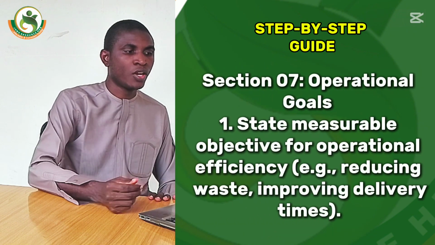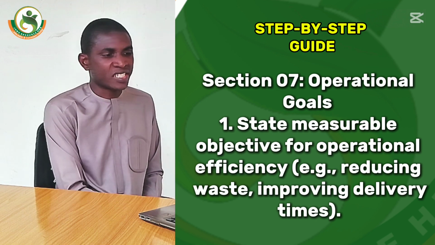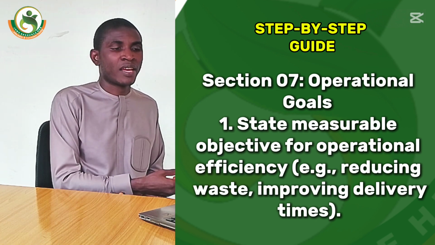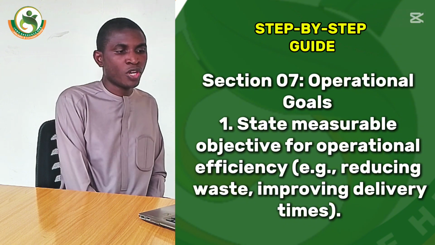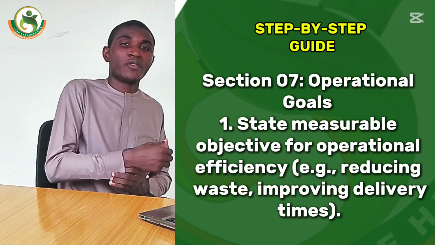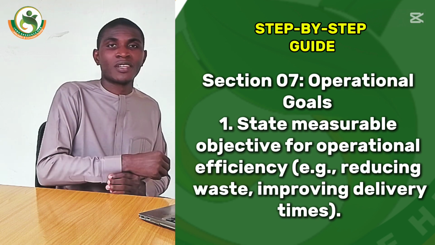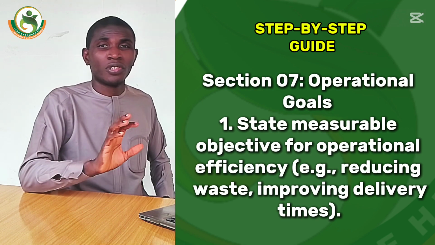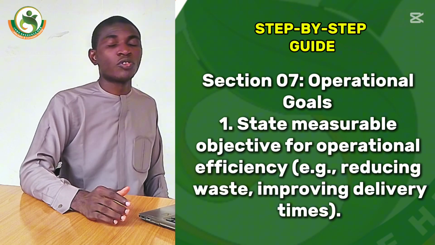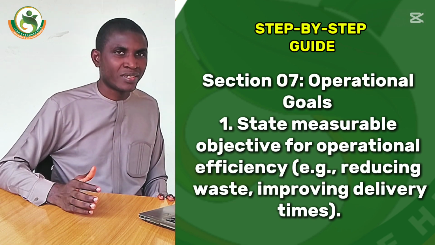The next is operational goals. Now you want to state some measurable objectives for your operational efficiency. That is very, very important. For example, I want to put systems in place that ensure that there is waste management, right? Improving delivery times, just to make sure that your deliveries do not exceed the time. There are going to be times when there is so much more demand than anticipated.